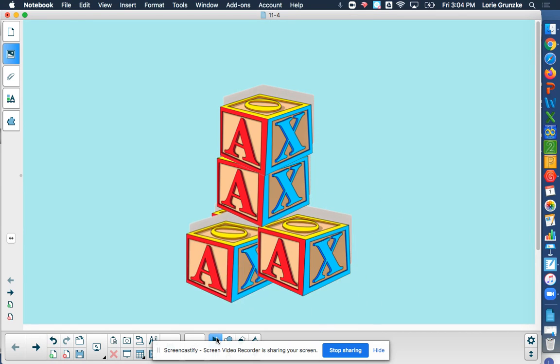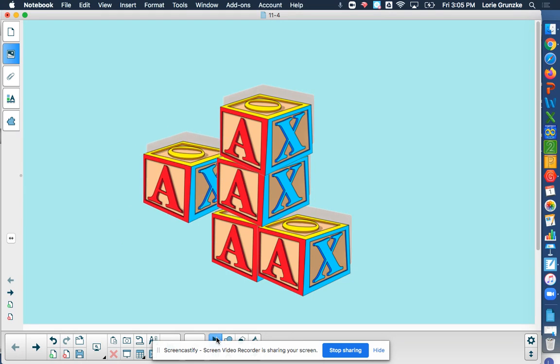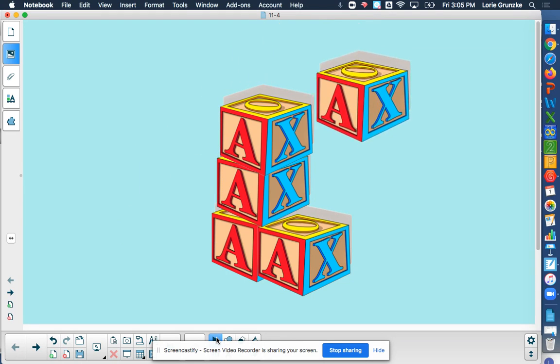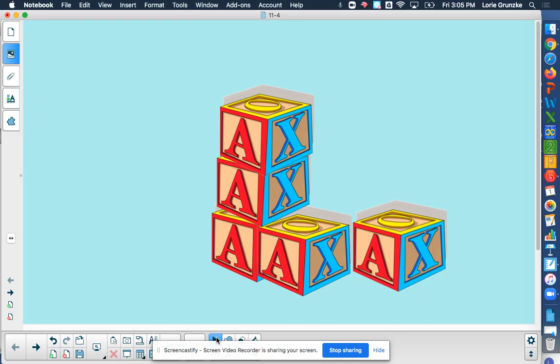You'd go 1, 2, 3, 4. You'd have some 5. And a lot of times, again, you'd try to stack them. This one always wants to go behind.